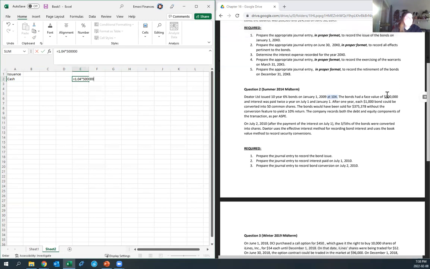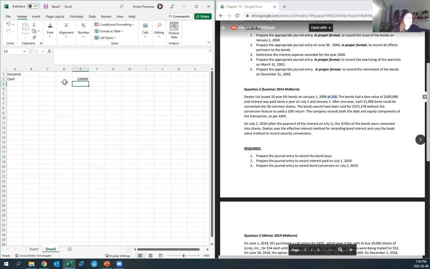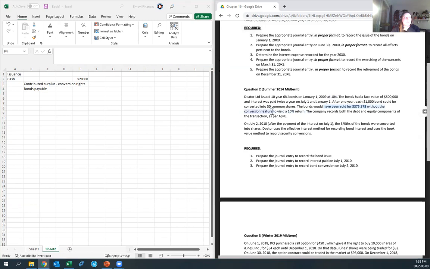So here, bondholders most likely pay the premium because they can convert their bonds into common shares at a later date. You're gonna have your contributed surplus, conversion rights, and you're gonna plug it once we get our bonds payable amount, which is the amount that it would have been sold without the conversion feature.